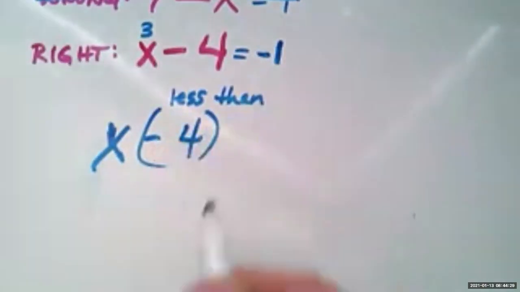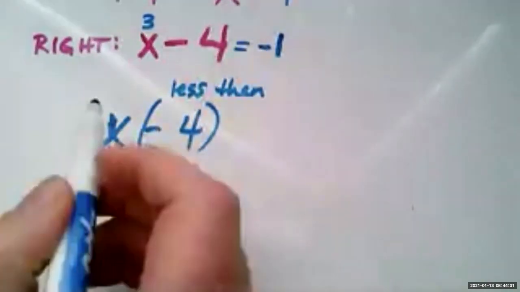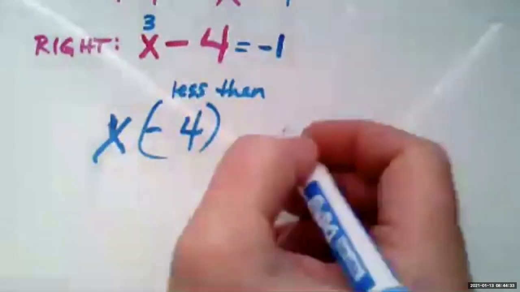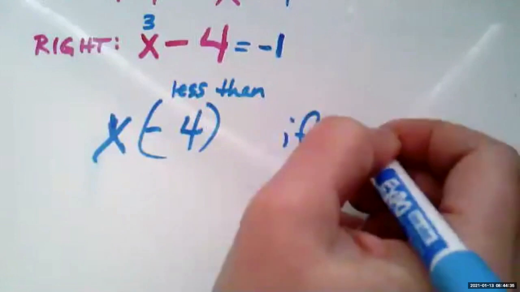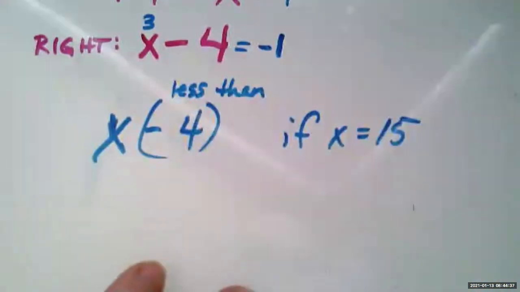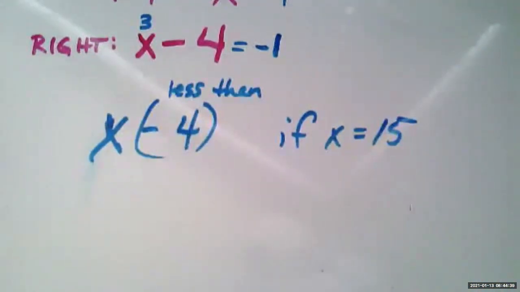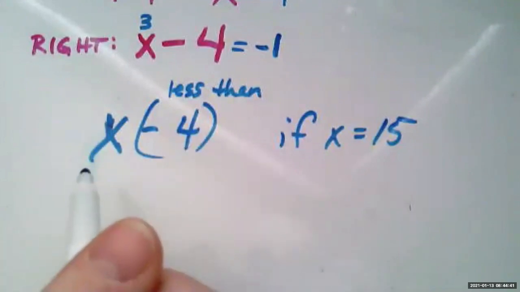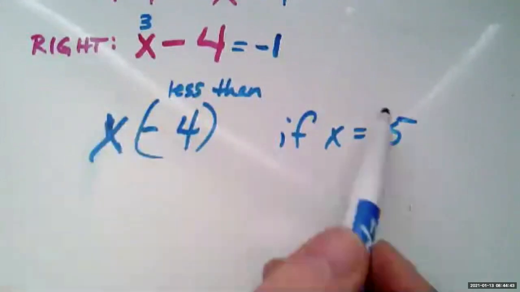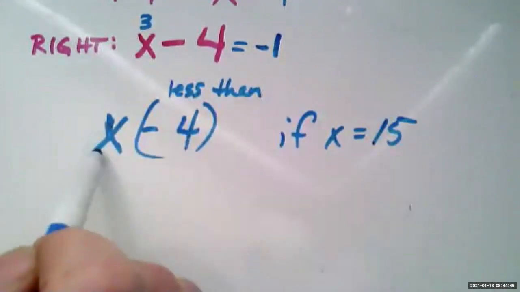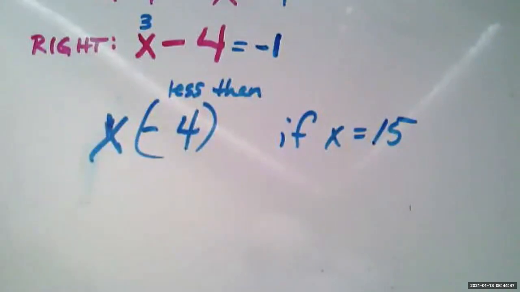How many would you have? If x represented 15. Yeah, you would have 4 less than me. So you have to start with how many you have before you can go less than that.